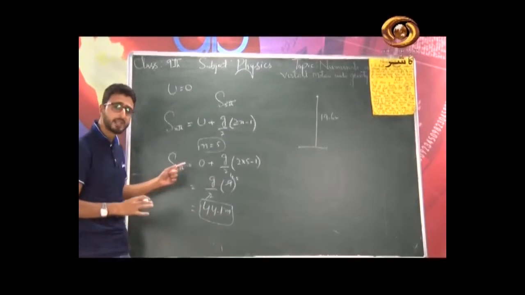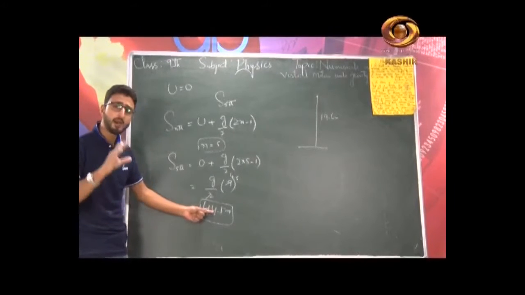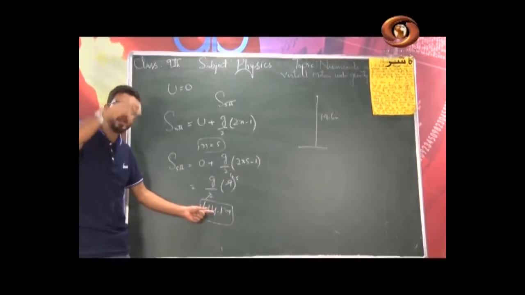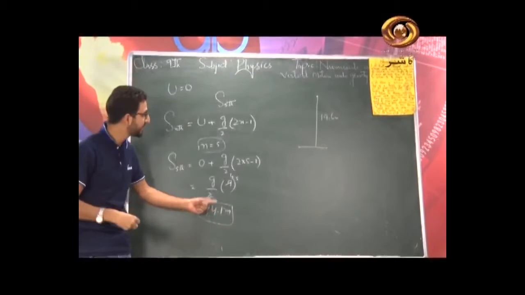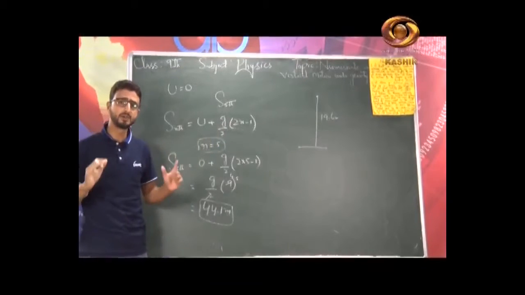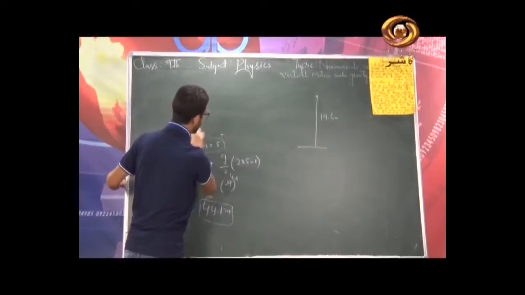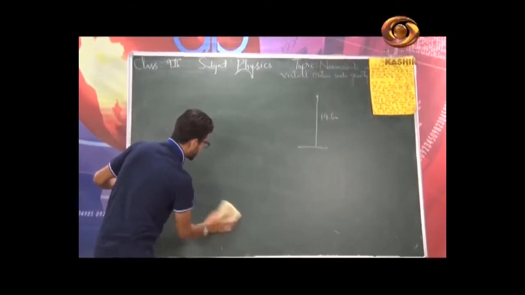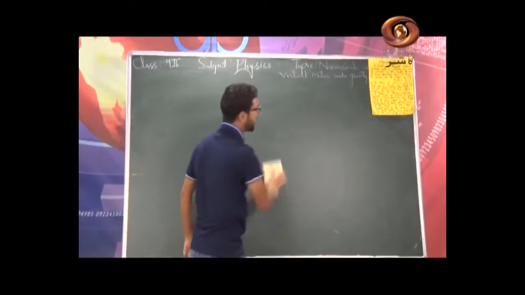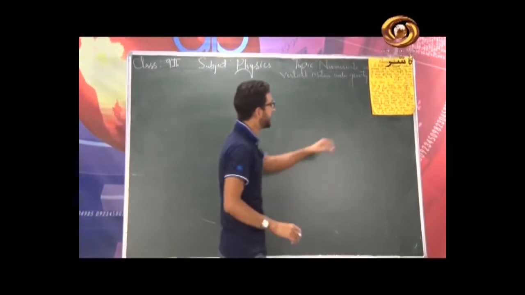So this is the distance traveled by a freely falling body when released from rest during the 5th second of its motion. So now let's try to solve one more numerical regarding the concept of vertical motion under gravity.